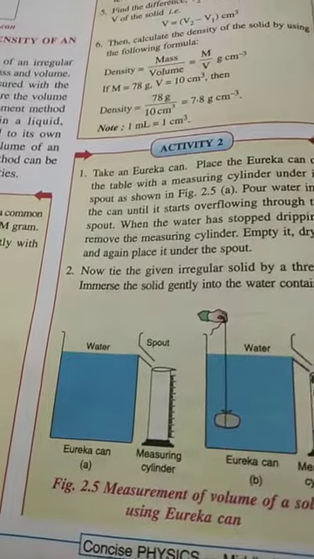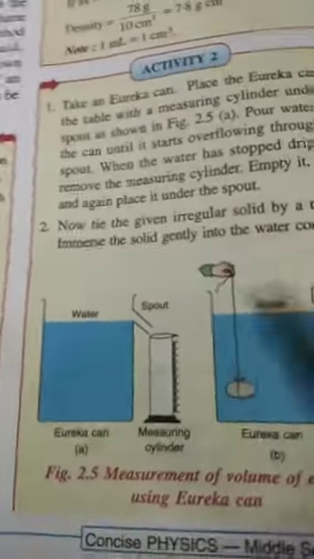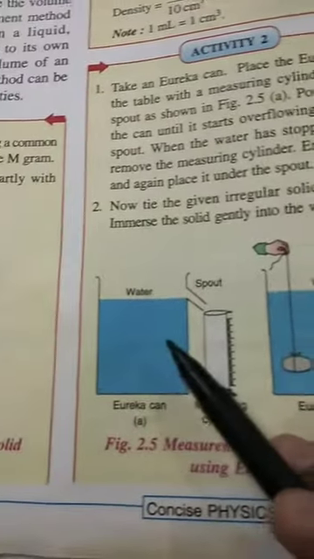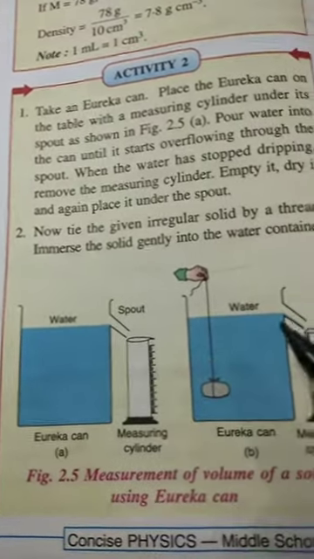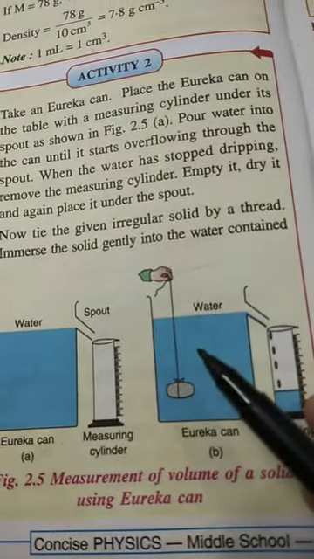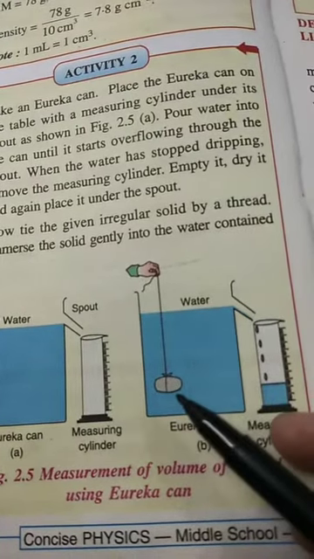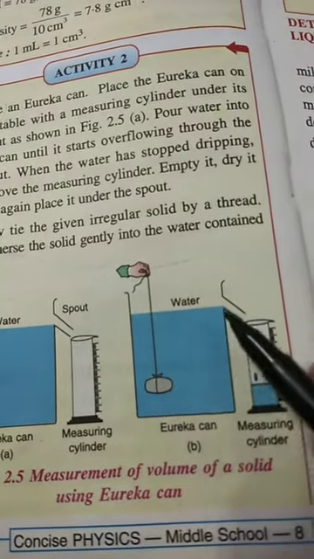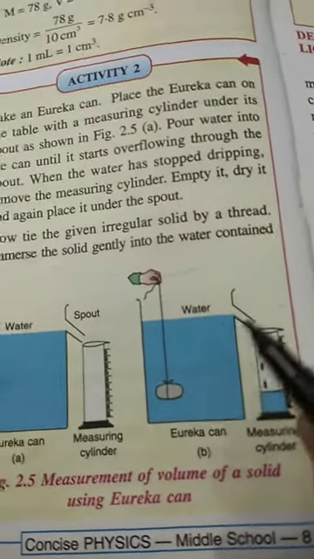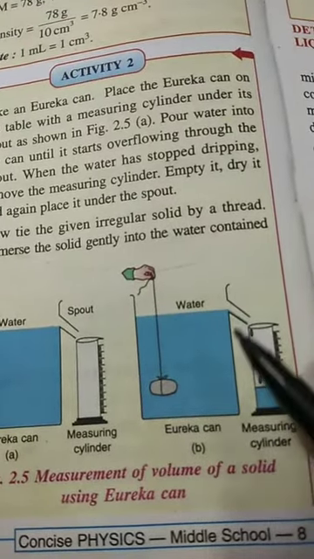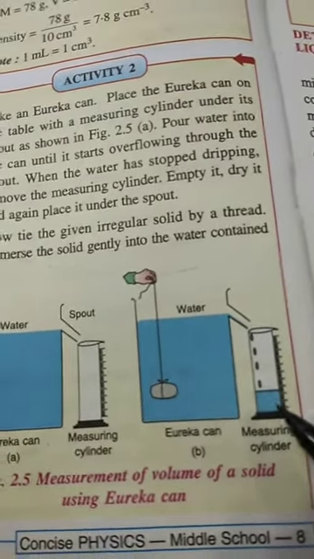Now they have taken the help of the Eureka Can. How have they solved this? They have put the water in the Eureka Can till the spout. After that they have put the pebble or stone inside the Eureka Can, and you can see the water rises up till the spout, and the extra water comes out of the spout and is stored in the measuring cylinder.